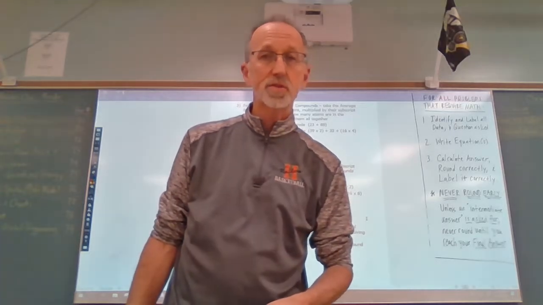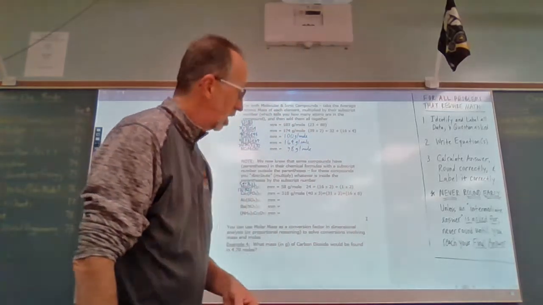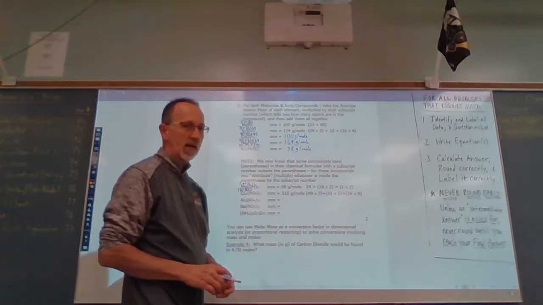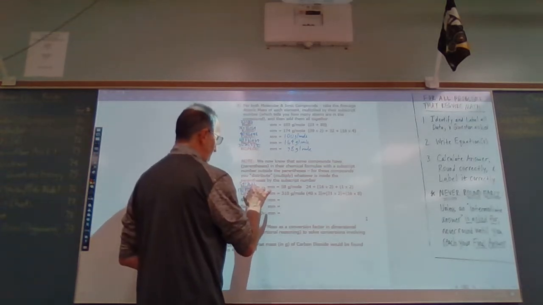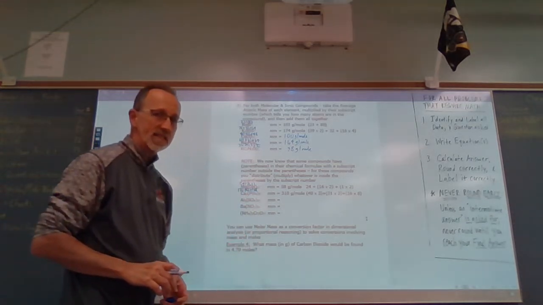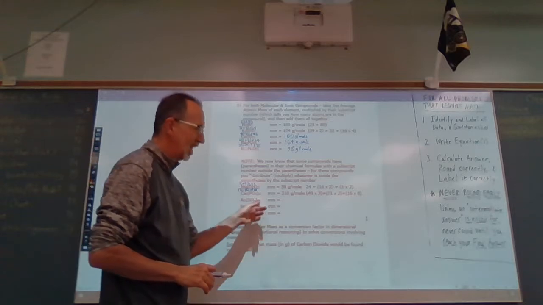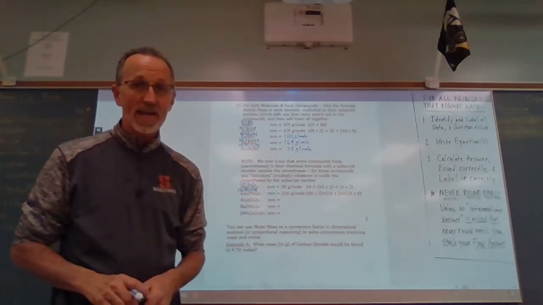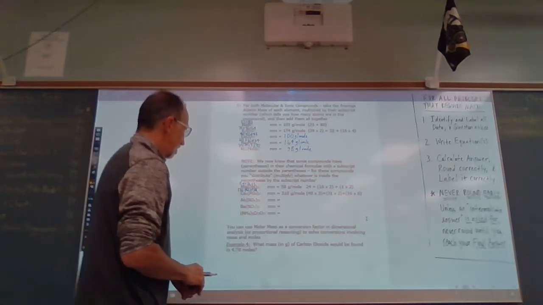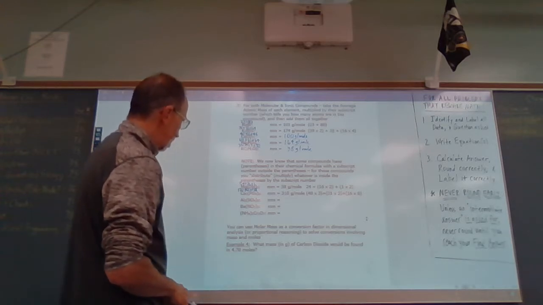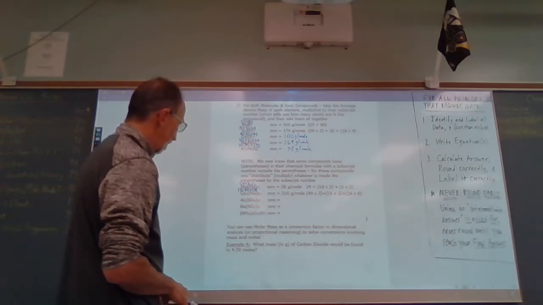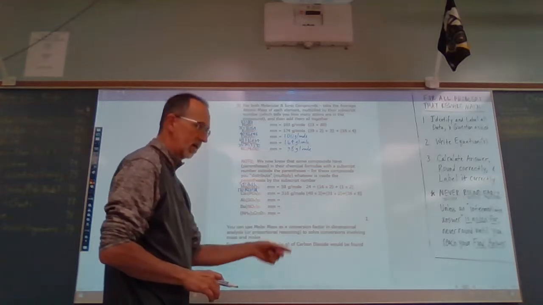Remember, you distribute that 2, you multiply. So there are 8 O's in there, and 8 times 16 is 128. Don't make that mistake. I see that a lot. There are not 6 O's in that. There are 8. Okay, so 128 and 62 is 190, and 120, 310.